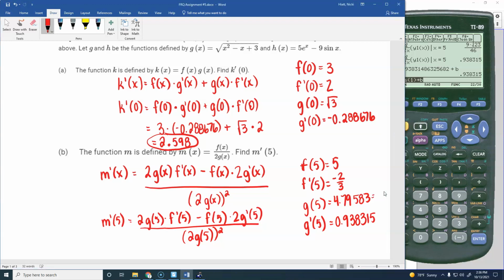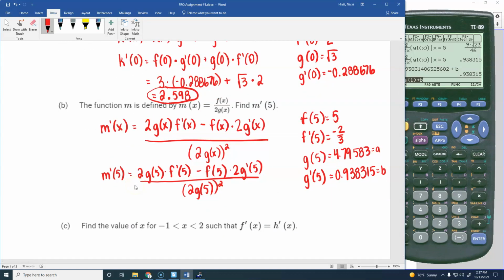And you can even do this on the actual free response. I'm going to put equals A and equals B here so that you don't have to write that out if you want. So when you plug this in, you're going to have m prime of 5 equals 2 times A, it's okay to do that, or you can write 4.79583.